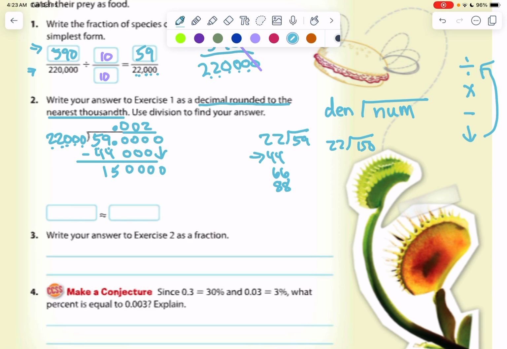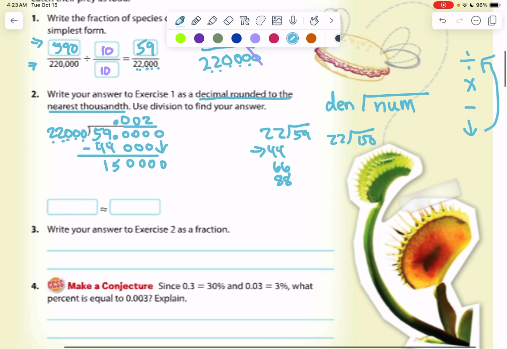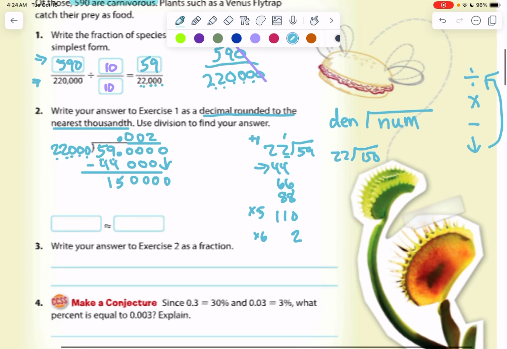Might be able to go a little higher. 5 times 22. 5 times 2 is 10. 5 times 2 is 10 plus 1 is 11. Maybe times 6. 6 times 2 is 12. 6 times 2 is 12 plus 1 is 13.